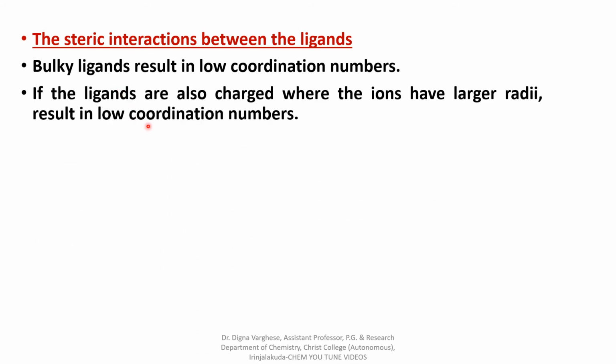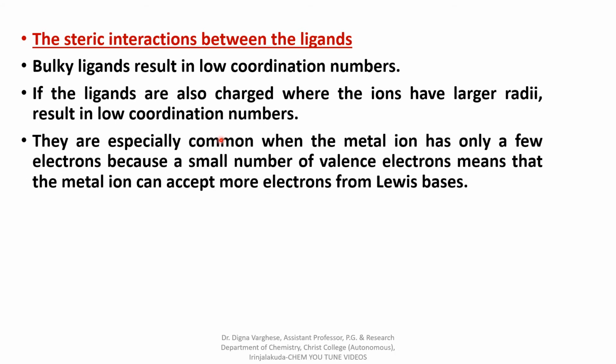If the ligands are also charged, ions with larger radii result in low coordination number. The ligands are charged, so the ionic radii are larger, so it results in low coordination numbers.